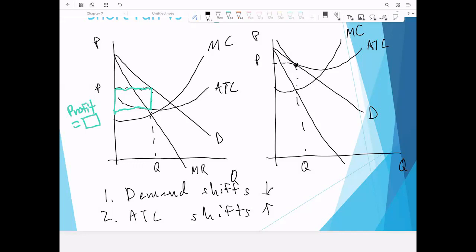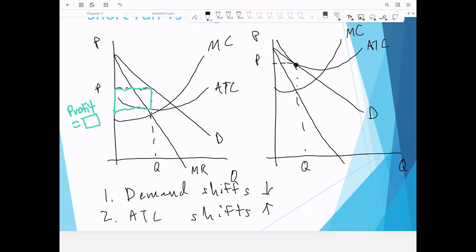Excuse me, sorry. If you have losses, you're going to exit the market, and then other firms that are similar to you are going to stay in, are going to have less competition. So the demand for their good will shift to the right, increase, and you'll get to zero profit again. Okay.